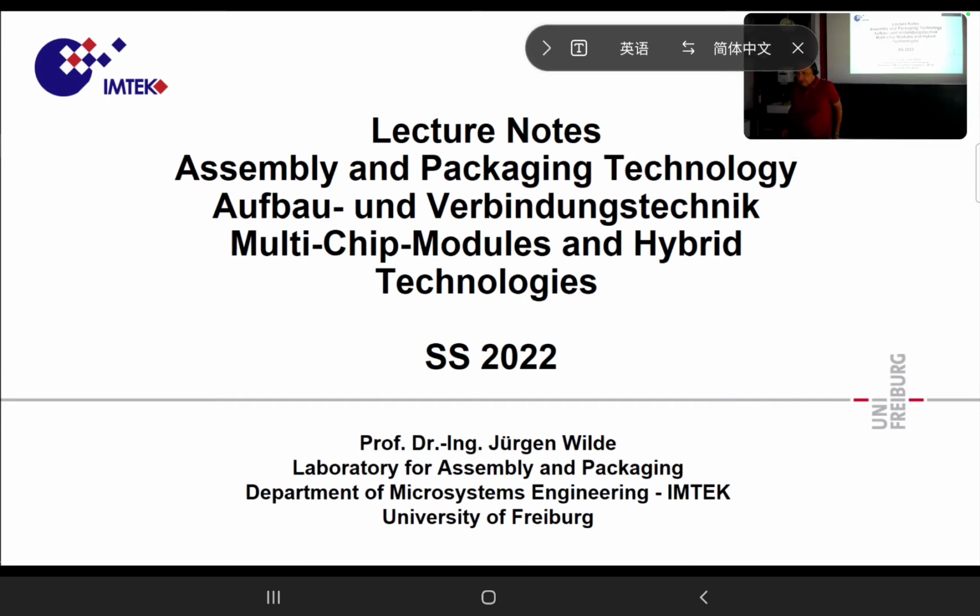Okay, let's go ahead. In the last session, we have started to see new substrate types. Substrates are extremely important because the substrate technology mainly determines how the following steps of fabrication have to be accomplished.